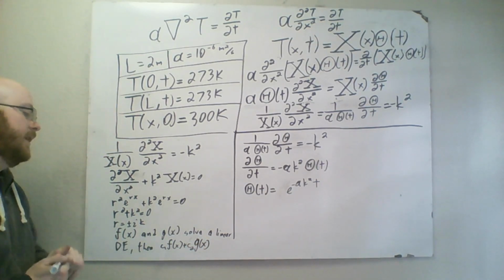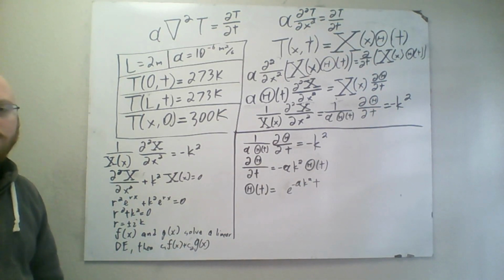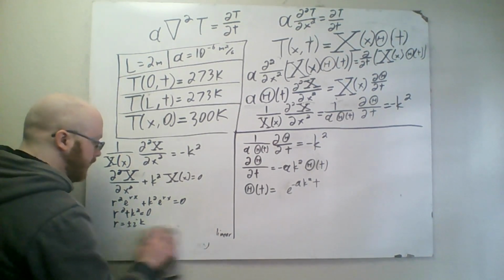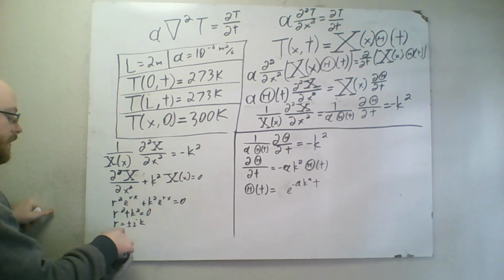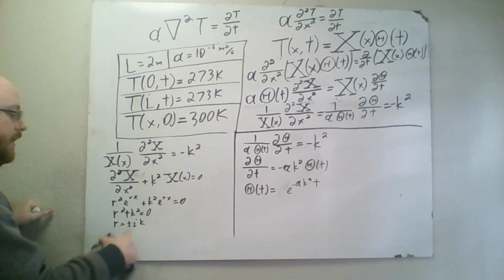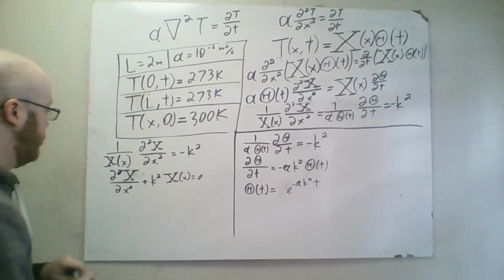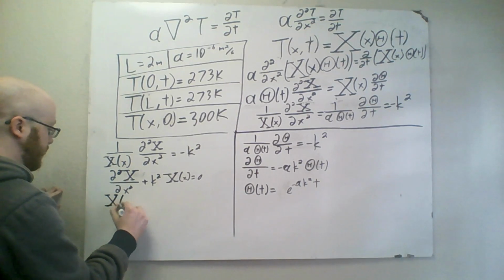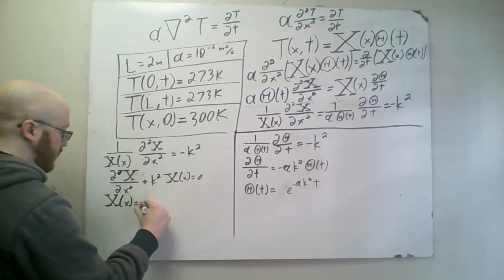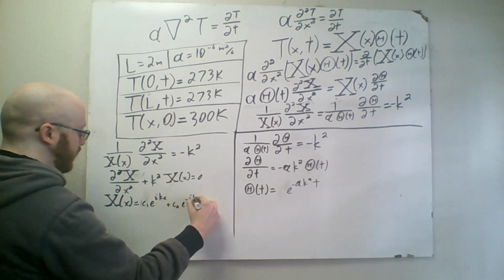And linear combination means any constant times the first function plus any constant times the second function. So in this case, the full solution, e to the rx works if r is plus or minus ik. i is the imaginary number. So x of x equals constant 1 e to the ikx plus constant 2 e to the negative ikx.